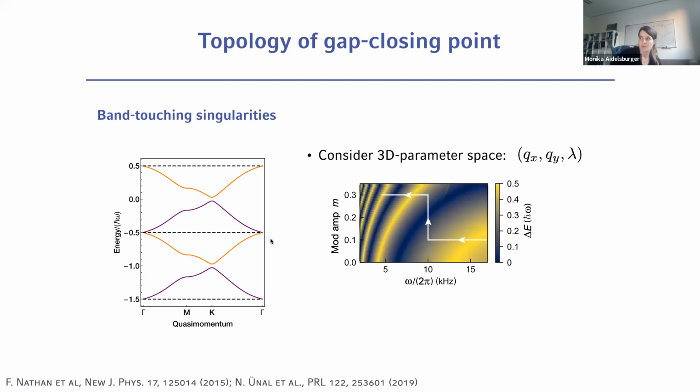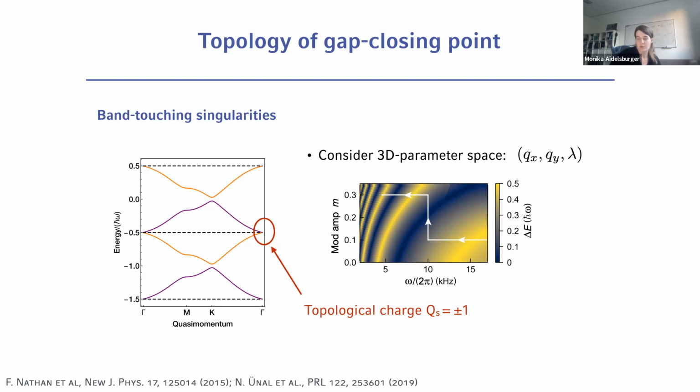So now we have these three parameters, qx, qy, and lambda. And if there's a linear band touching point, the topological charge associated with this singularity is either plus or minus 1. And the sign of this topological charge tells you how the Chern number of the bands change and how the winding numbers in the gaps change.